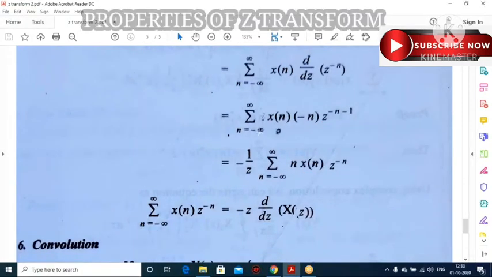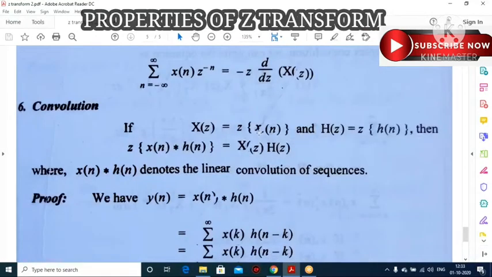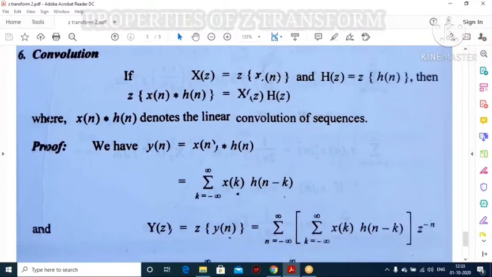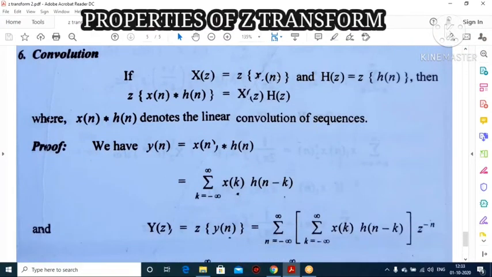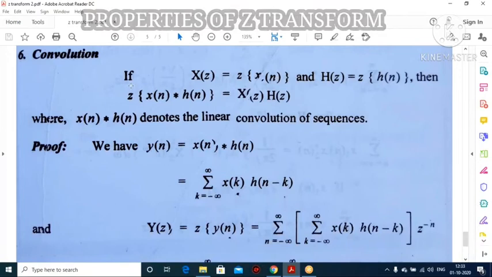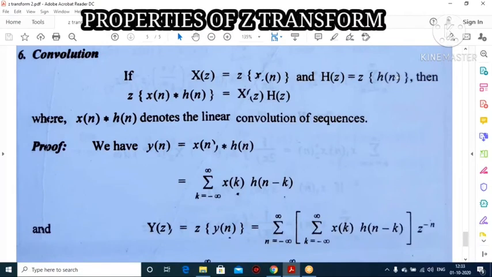So the next property will be the convolution property. Convolution means if X of z equals the z transform of x1 of n, and H of z equals the z transform of h of n, because this is convolution, we need the x of n and h of n domain: the input sequence and the impulse response sequence.